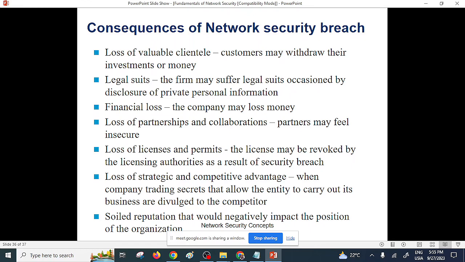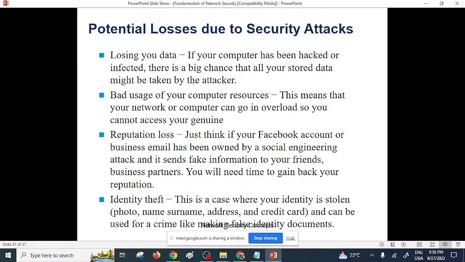Competitive advantage will be lost to other people. Soiled reputation, right? I've known of many businesses or organizations that have had a soiled reputation for one reason or the other, so they had to start again from scratch. You have to relocate. Apart from relocating, you have to rebrand. Or you can also lose your data. People can also use your computer resources in a bad way, right?